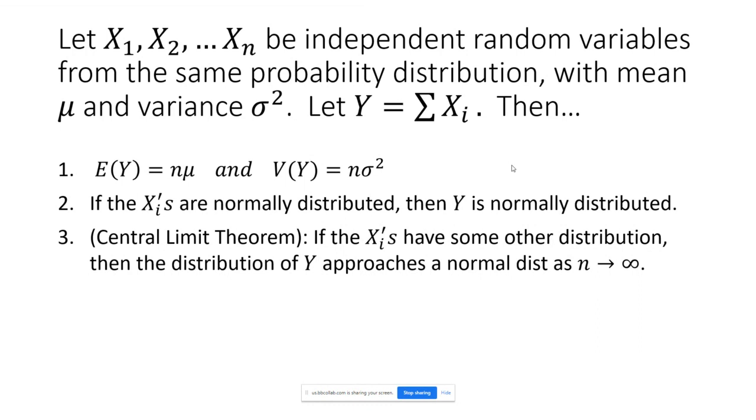And this says that if the x sub i's have some other distribution, not normal, then the distribution of y will still approach a normal distribution as n approaches infinity. Take a moment to get that in your notes.